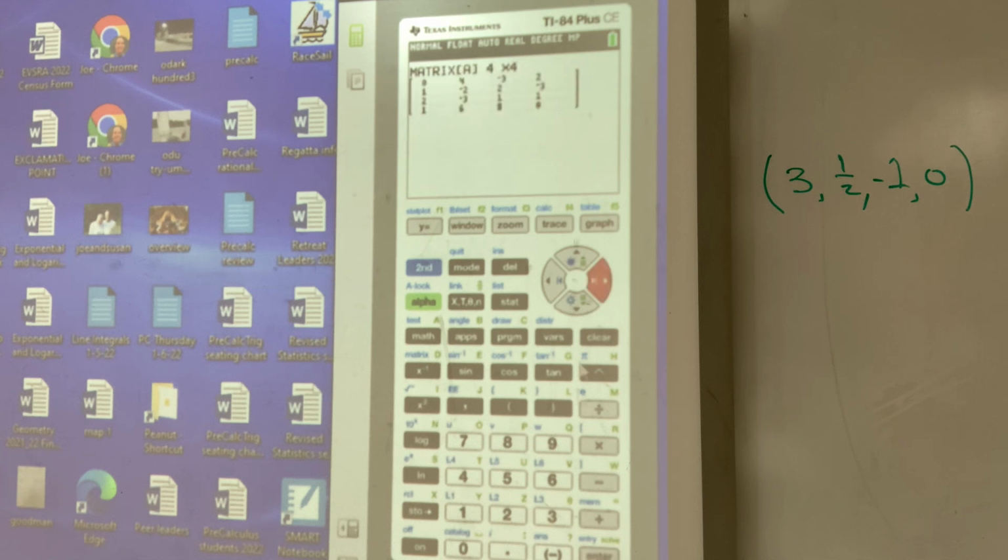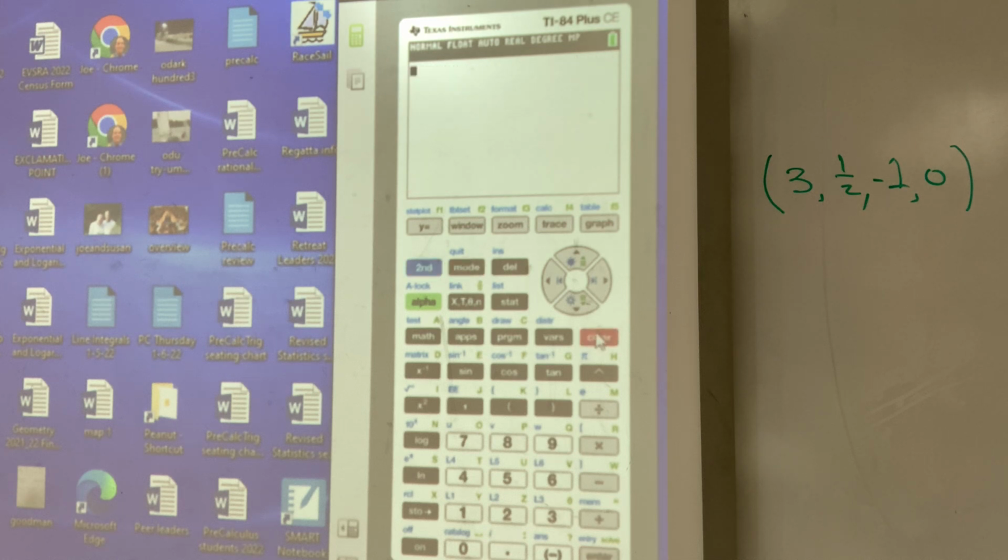Four by 5. Okay, so we just have to add this last column, 5, 0, 3.5, that's the 7 halves, and -2. Okay?